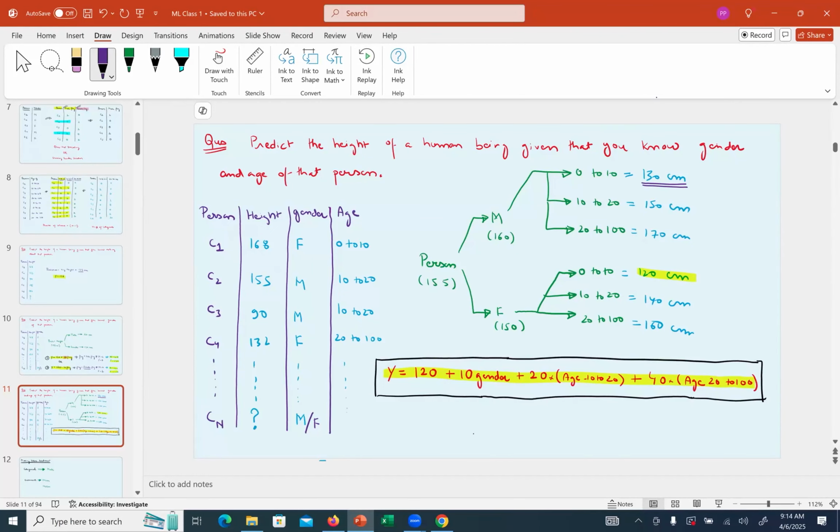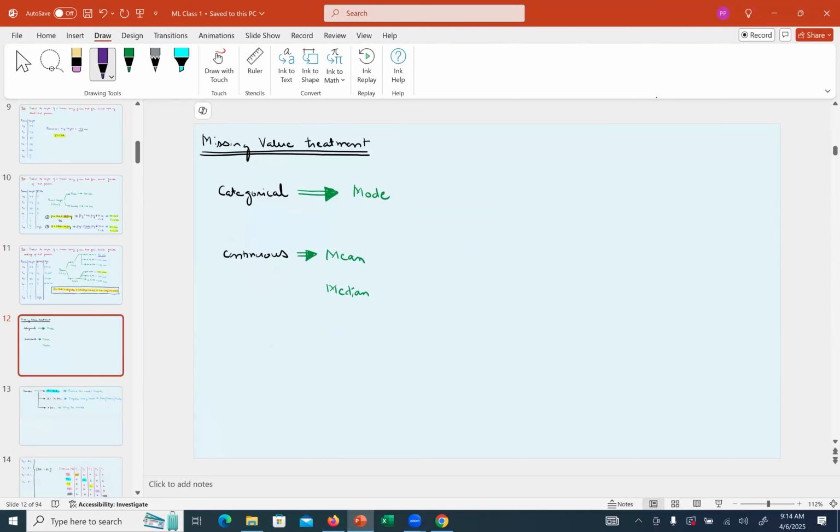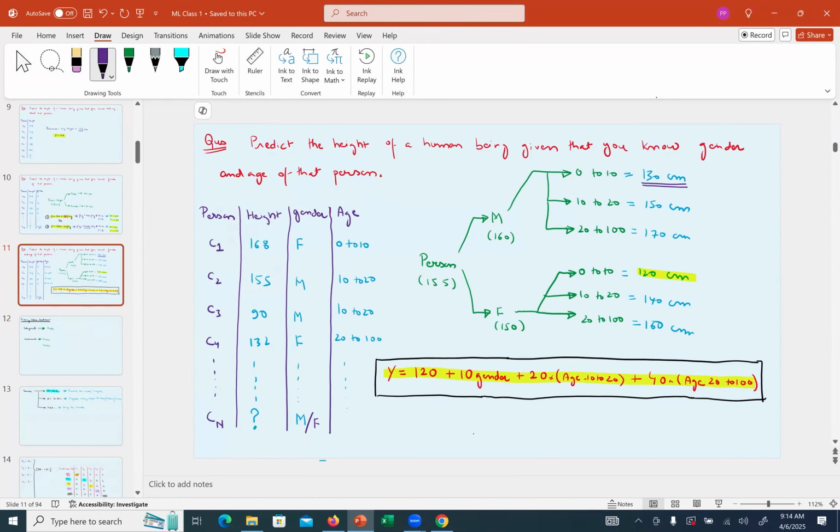Without taking the help of machine learning. So yeah, this is how machine learning works in general. It tries to come up with an equation which can predict all the values. Let's say, for example, in this case, this equation can predict all of these six values.